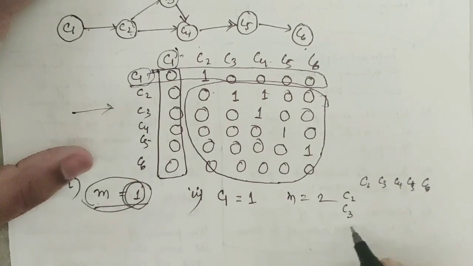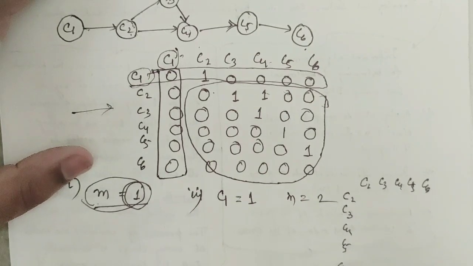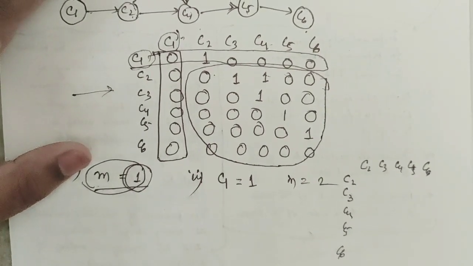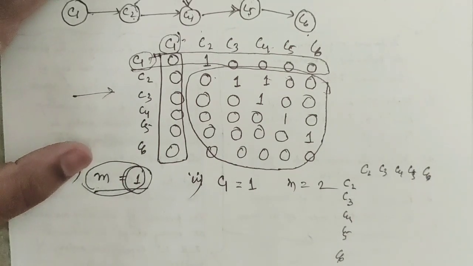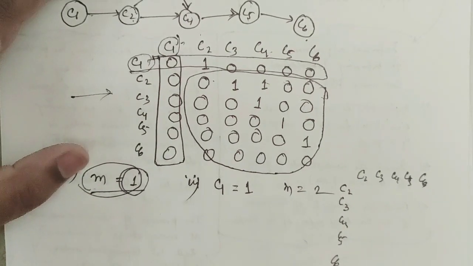Again I am telling you, the column in the adjacency matrix where all entries are 0 indicates that the particular vertex, which is C1 here, has no predecessors.